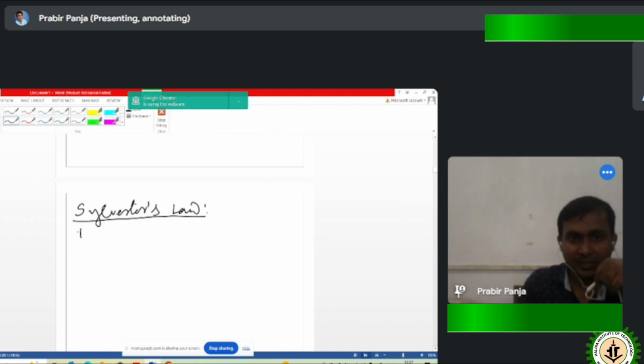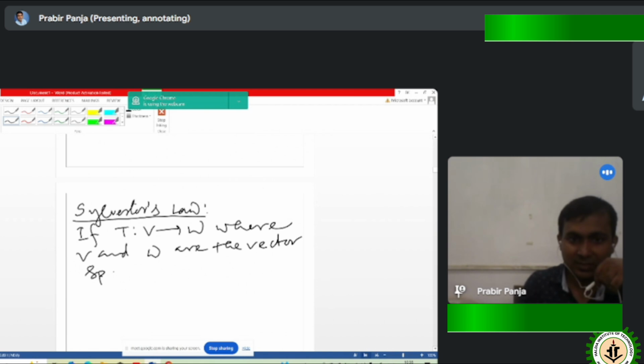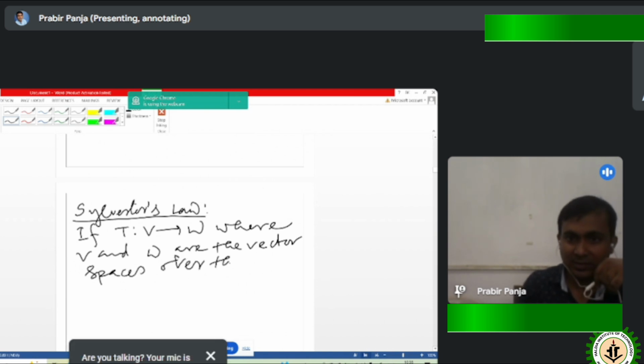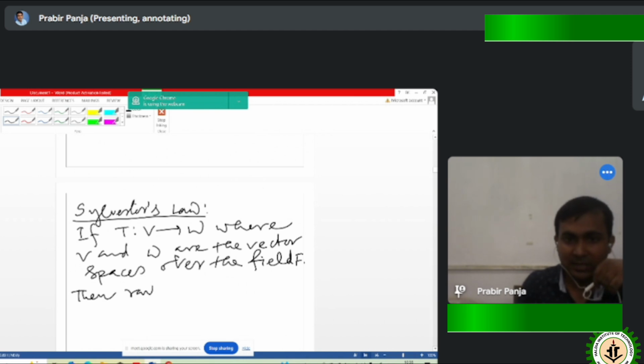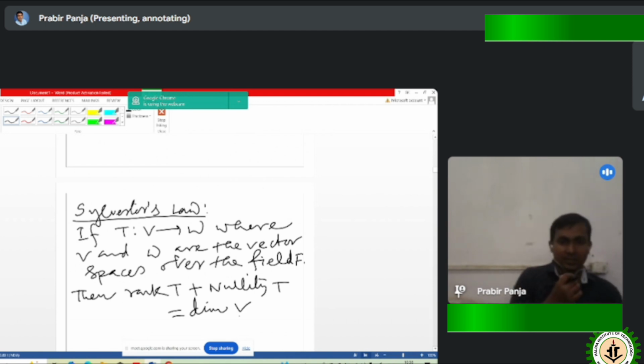So suppose we have a linear transformation T from V to W, where V and W are vector spaces over the field F, then rank T plus nullity T will be equal to the dimension of V. So using this Sylvester's law, if rank T is known, we can find out nullity T, or if nullity T is known, we can find out rank T very easily. Okay.